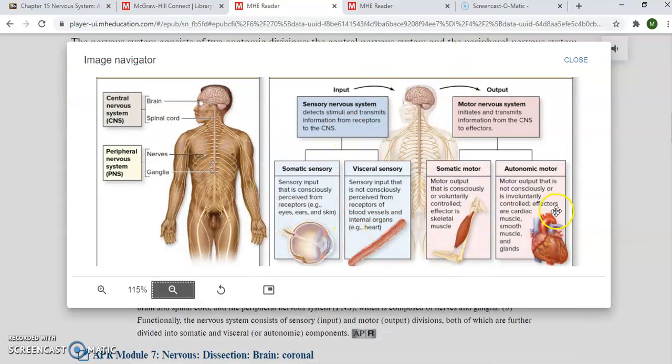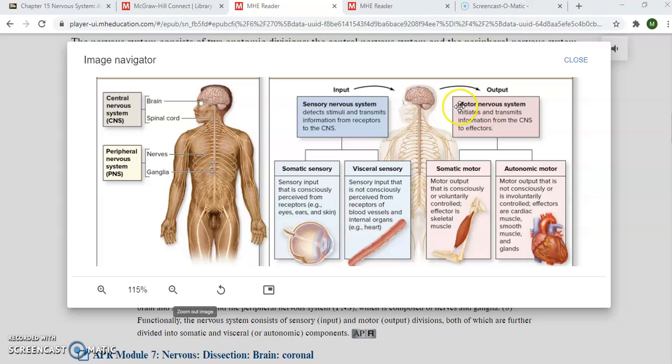All right, so the first thing we're going to do is go back to the beginning of chapter 12. Just to remind you, when we were looking at how we organize the nervous system, we do it structurally. So the CNS and PNS are the two main divisions. Then we look at the peripheral nervous system, and the two different divisions of the motor nervous system.